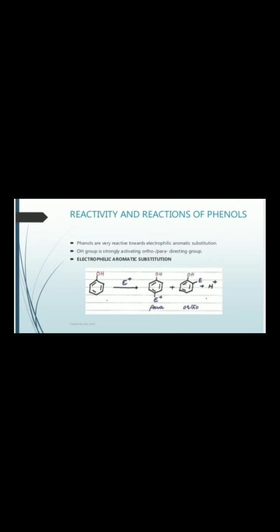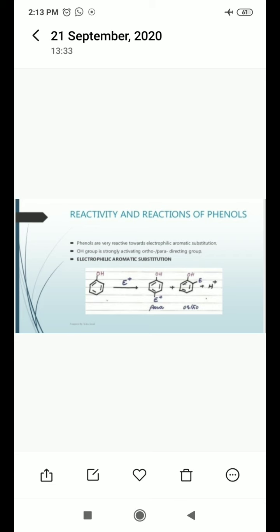Because benzene as well as phenol both have a pi electronic system in their ring. This pi electronic system, this delocalization of electrons, makes the ring electron rich.